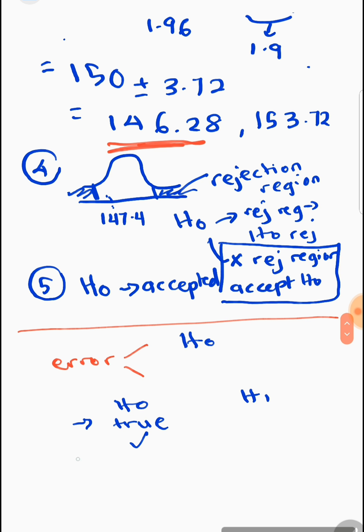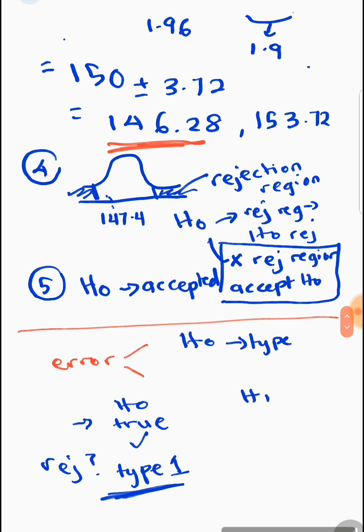So in that form, you reject H0 when it's supposed to be accepted. We call this the type 1 error. All right. Which means it's supposed to be H0 being true, but then someone states that it's not true. So this error is known as type 1 error, and vice versa.